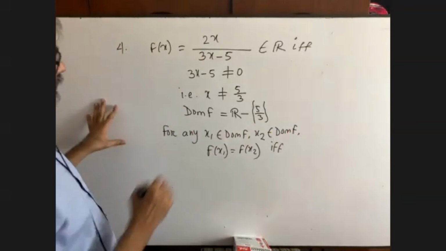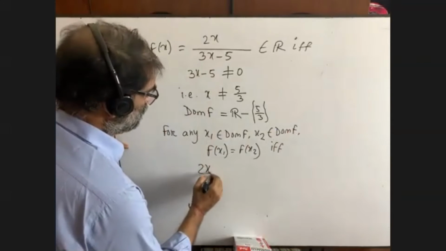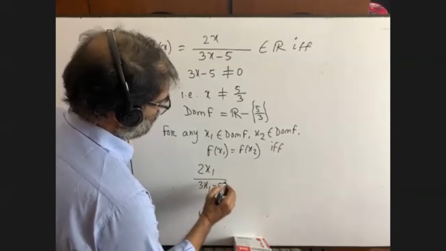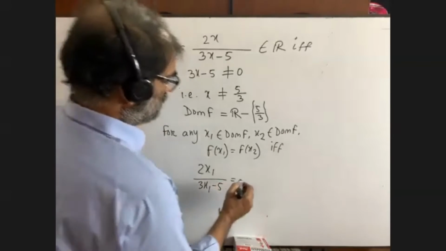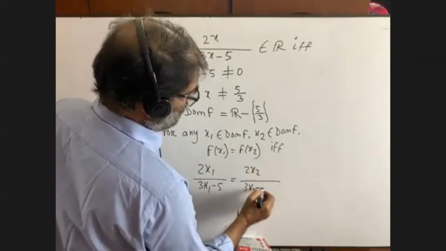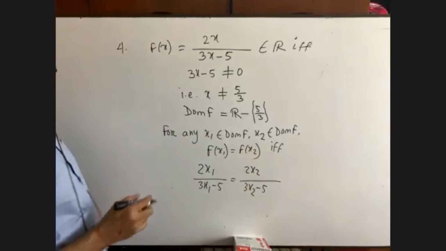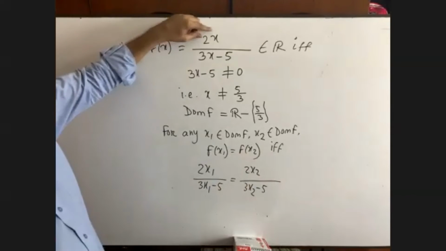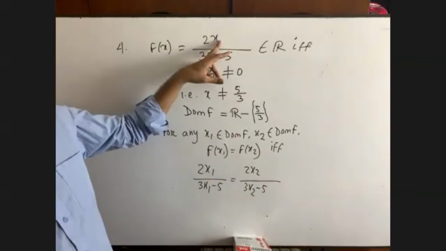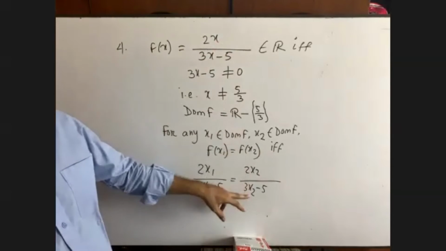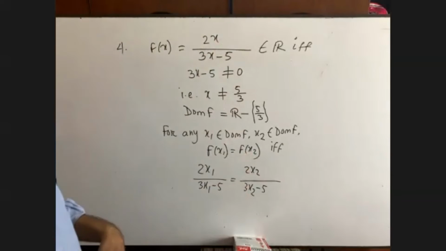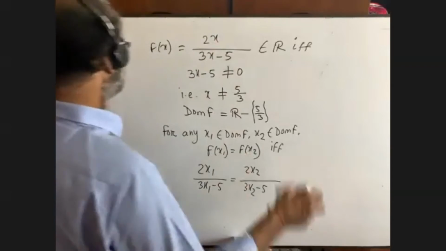For x1 you write down 2x1 by 3x1 minus 5 is equal to 2x2 by 3x2 minus 5. What I have done here, you see, it is 2x, so it will be 2x1, 3x1. It is 2x2, it is 3x2, it is f(x1), it is f(x2). Now just do the cross multiplication.